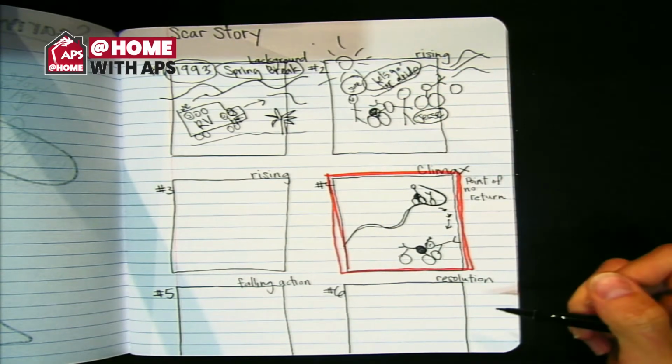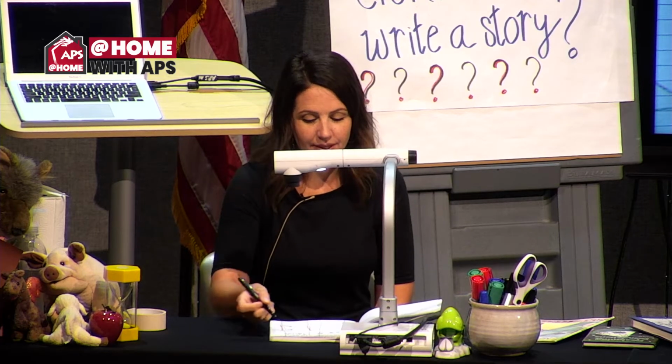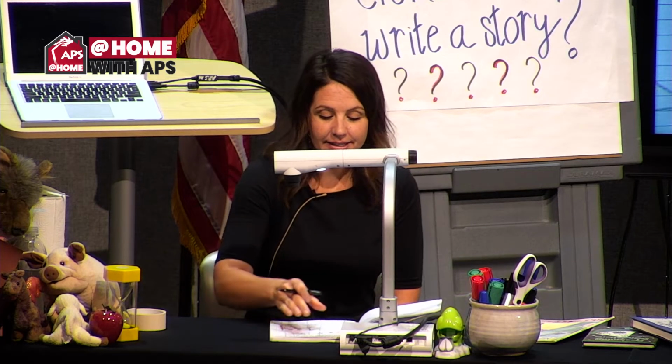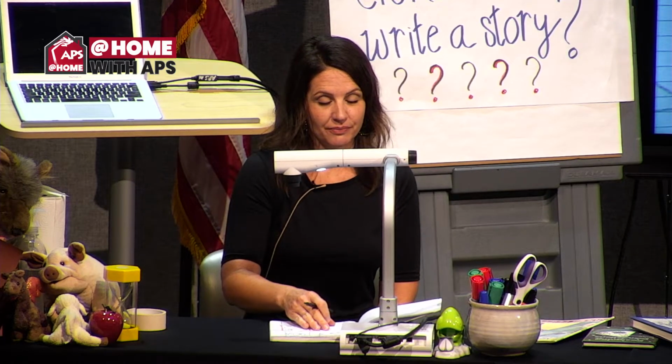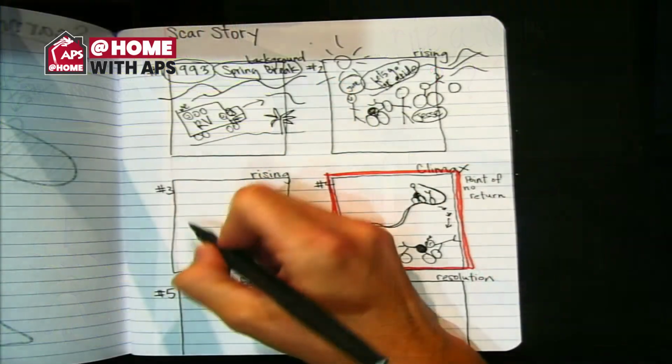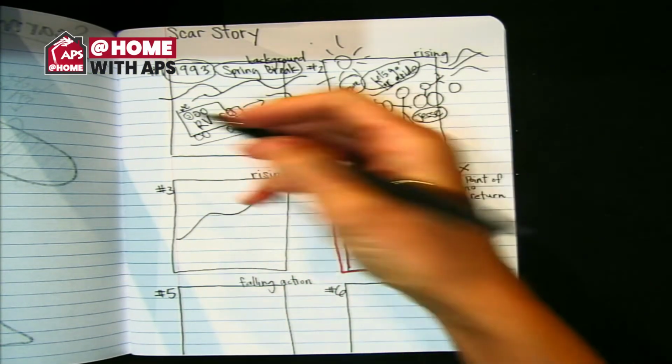I think my mom and dad and younger brother, they were probably having breakfast, just getting up for the day. So now I need to get closer to my climax. I'm building my story. So this is where Jesse and I are on the hill.